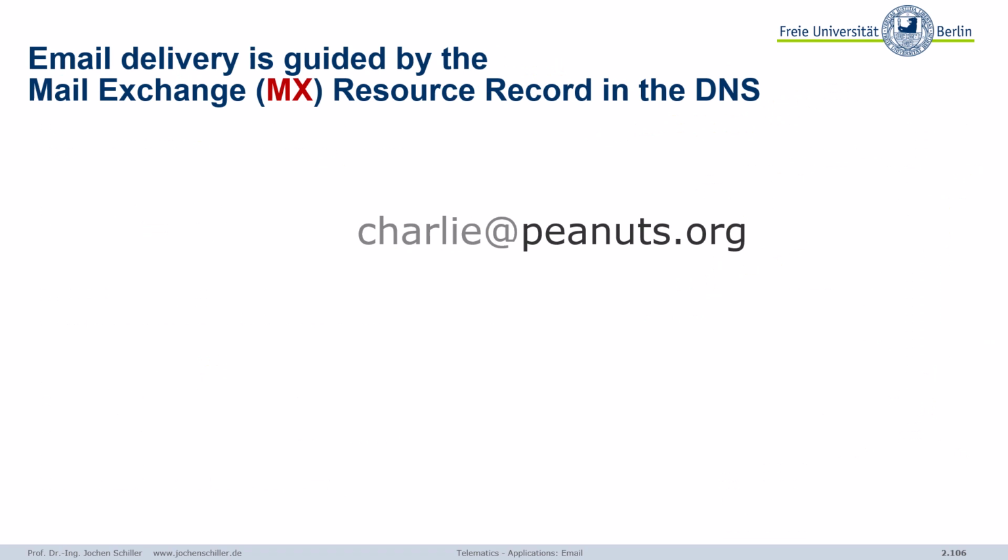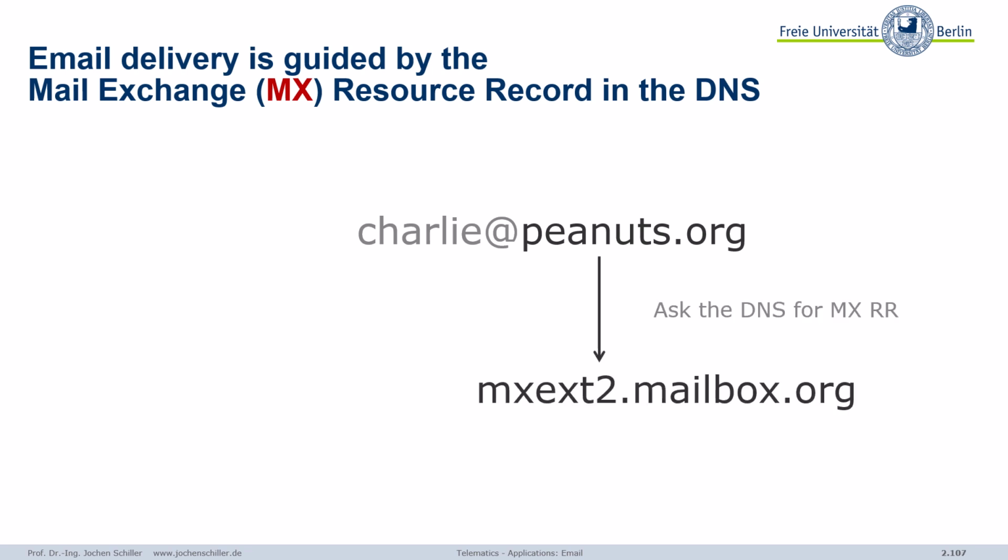We learned about this in the DNS chapter. So we have to look up in the DNS system, who is responsible, so the MX resource records, who is responsible for peanuts.org? Because we have to know the name of the mail server.